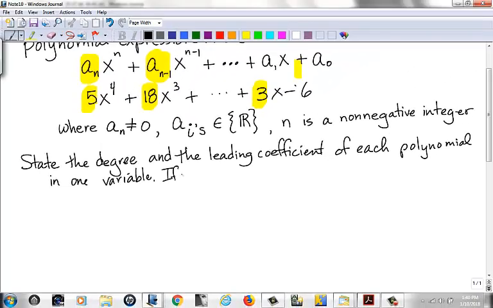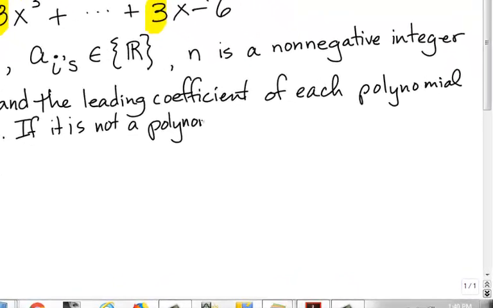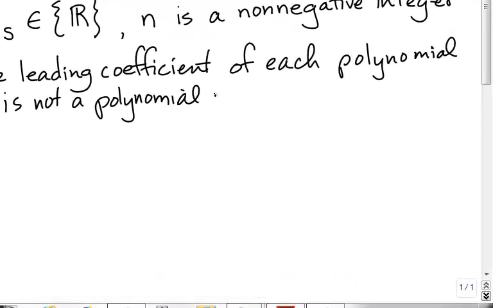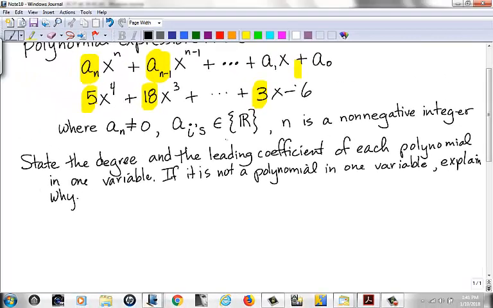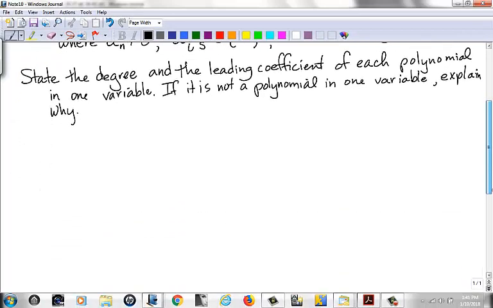If it is not a polynomial in one variable, explain why. And that's just a pretty basic explanation. Okay, so let's go through some examples with those directions.